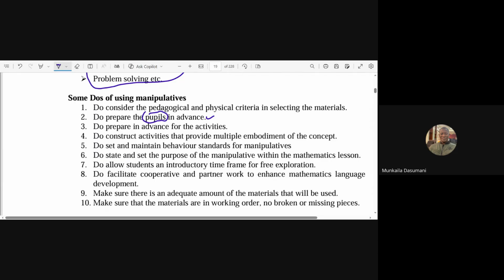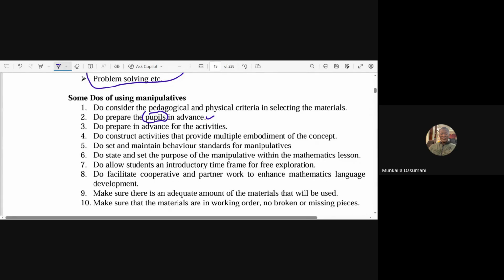And then do construct activities that provide multiple embodiments of the concept. If you are teaching a concept, the activity should have many aspects of the concept, not only one, so the manipulative can be very useful.